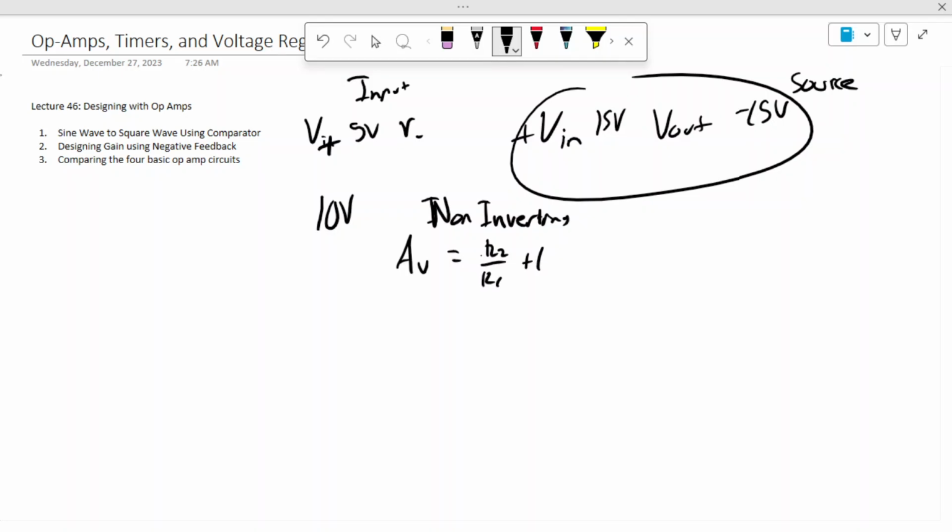So if I have a gain of 2 that I would like to achieve, that's going to be R2 over R1 plus 1, subtract 1 from both sides, and R2 over R1 has to equal 1, so R2 has to be the same as R1.